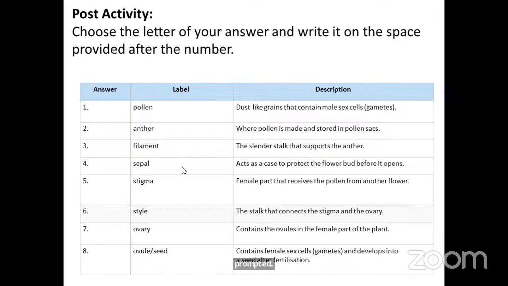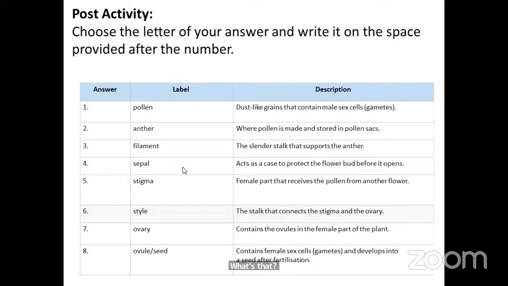For the second question, how to group flowers based on their reproductive organs. Flowers can be monoecious, dioecious, or hermaphroditic. Also, a flower can be called complete or incomplete.